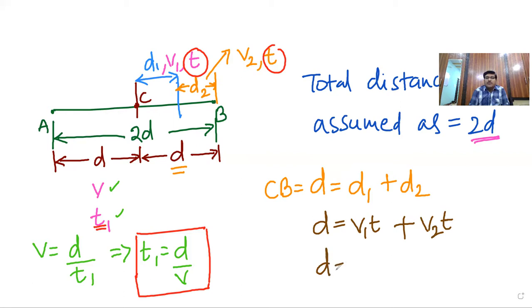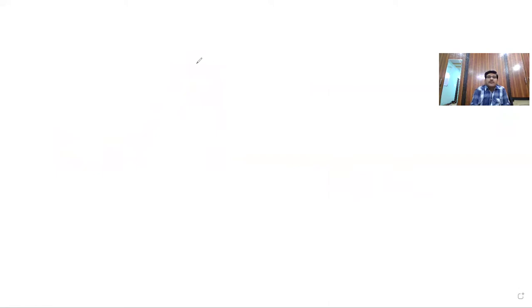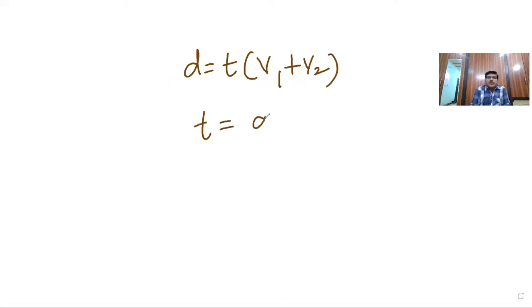So d is equal to t, common, into v1 plus v2, such that t is equal to d by v1 plus v2.